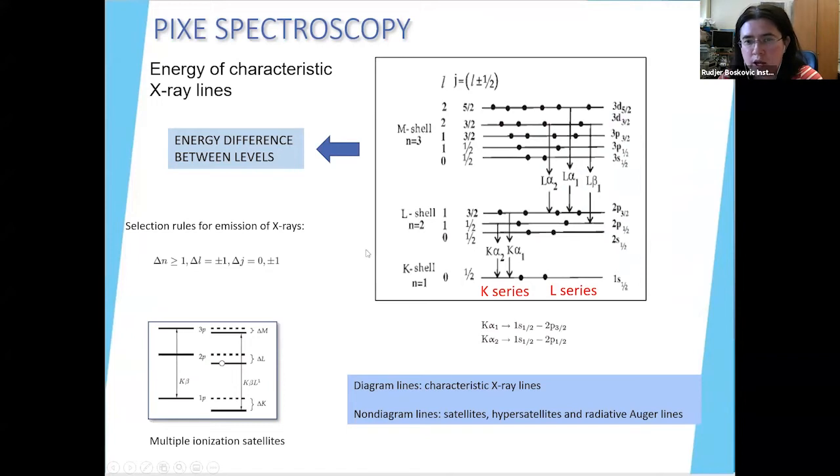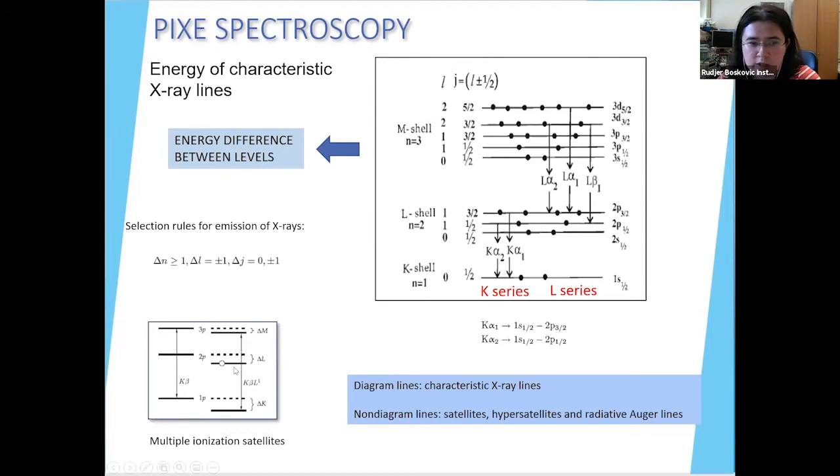In case your ion kicks out this electron, but also kicks out 1, 2, or 3 more electrons, all these energy levels will not be at the same distance. So the energy difference between the K shell and L shell will change. These are the energy levels when you have only one hole in the K shell, but when you have additional holes, they will change.